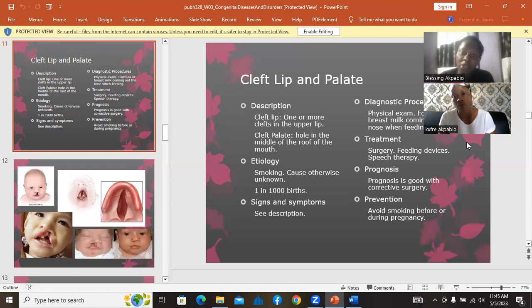So for mothers to stay away from this, they have to avoid smoking, because from what I learned, smoking is a cause of cleft lip or palate. Then the sickle cell, we realize that marrying somebody that is not compatible with your genotype, since it is hereditary, it can be transferred from the parents to the child.